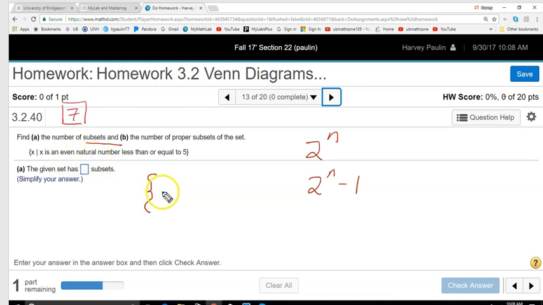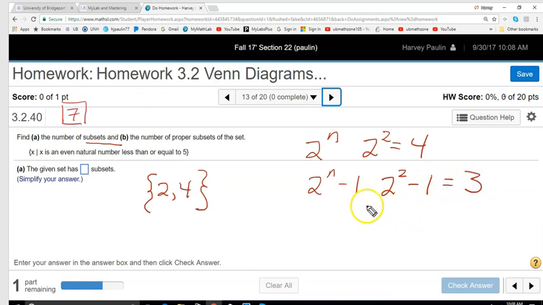So an even natural number would be 2, 4, and it's less than or equal to 5, so 5 wouldn't be in it. So the number of elements in our set here is only 2. So this would be 2 to the 2nd, which is 4, and 2 to the 2nd minus 1, which would be 3. So here we're only giving part of it, but on your homework, if you get one like this, they're going to give you a B option later.